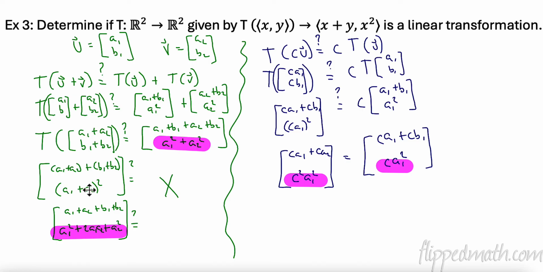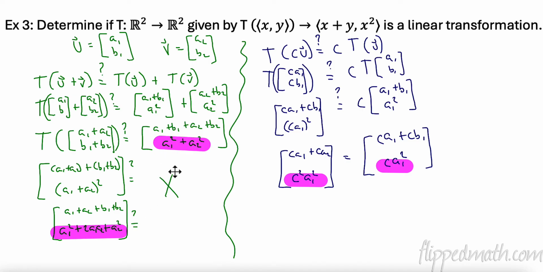I have a1 plus a2, that's my x, I have to square it. Now, remember, squaring this does not mean a1 squared and a2 squared. It means a1 plus a2 times a1 plus a2, which equals a1 squared plus 2a1a2 plus a2 squared. And that is not the same. So this does not hold up. So right now I already know it's not a linear transformation.